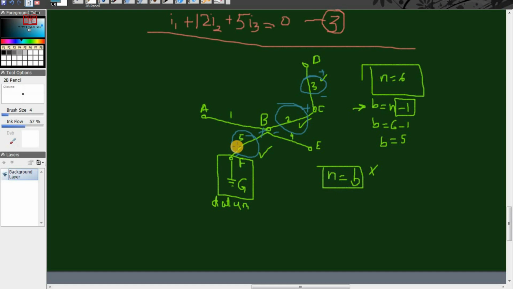Since you can see there are no closed paths because this is a tree, we can simply say that the current is 0, because with no closed path there is no current but voltage only, and voltage we can calculate.